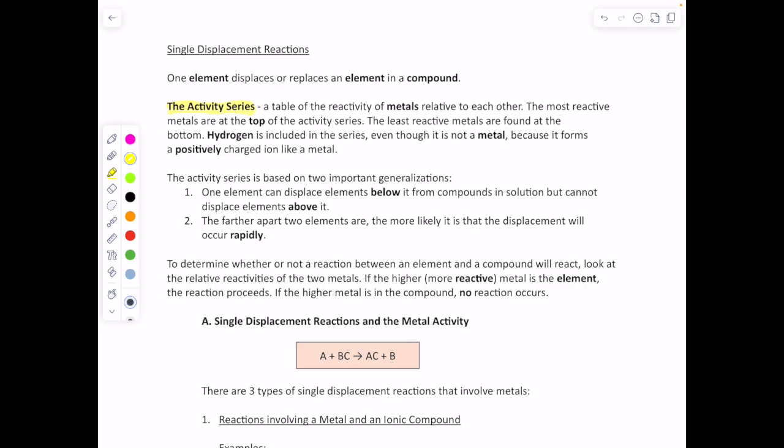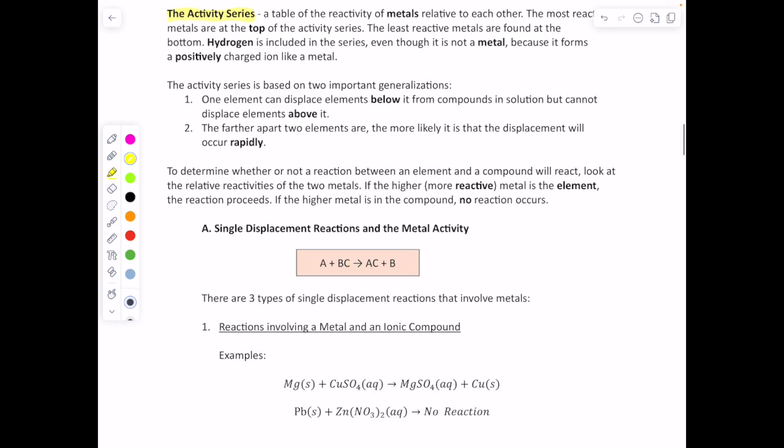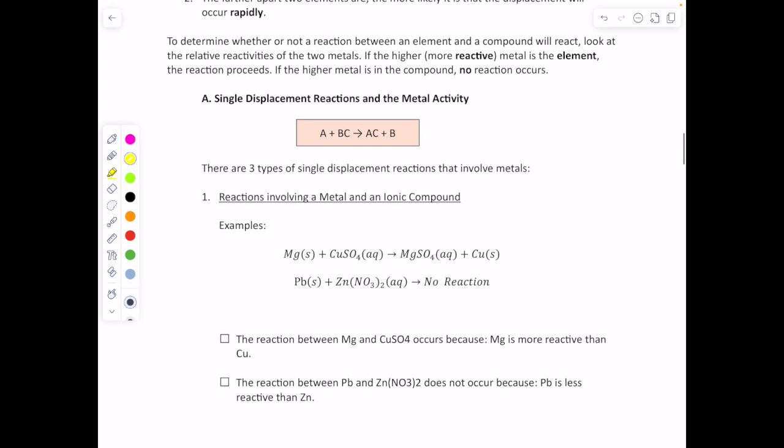And the farther apart two elements are on the activity series, the more likely it is that it will displace rapidly, quickly.